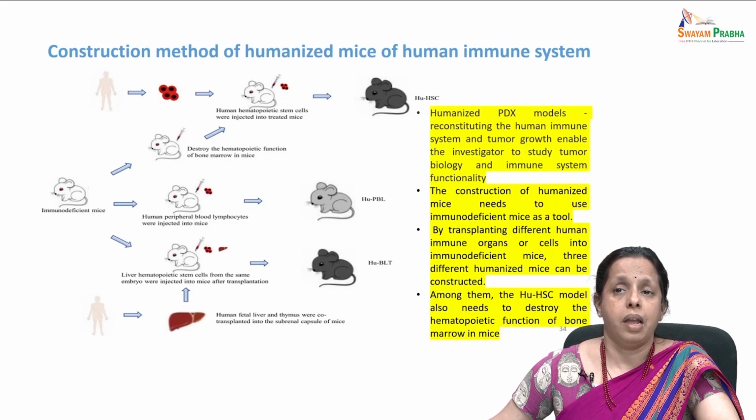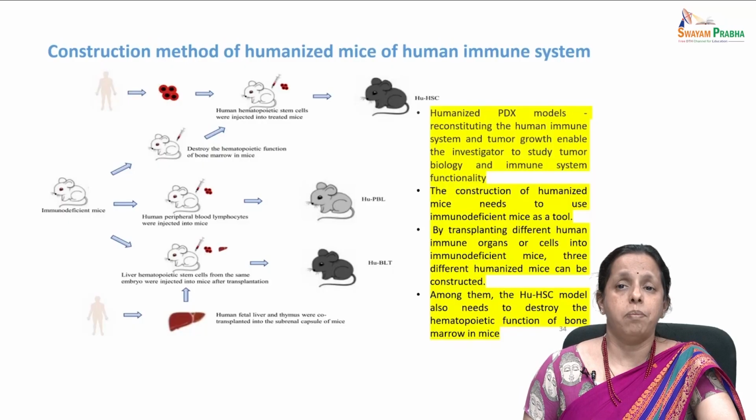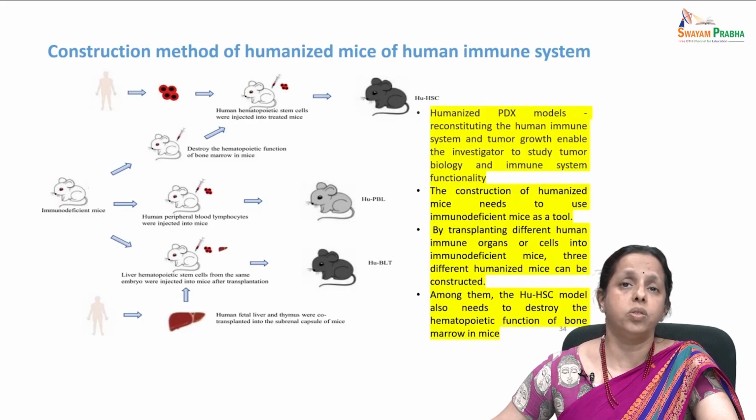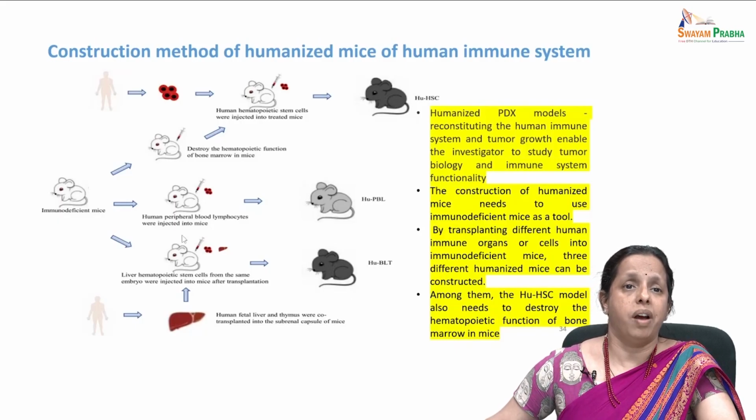So, the humanized model of the human immune system is a mouse model that reconstructs the human immune system by implanting human hemopoietic cells, lymphocytes or tissues into the immunodeficient mice, as we have shown here. The different kinds of PBMCs and others are all implanted into the mice.